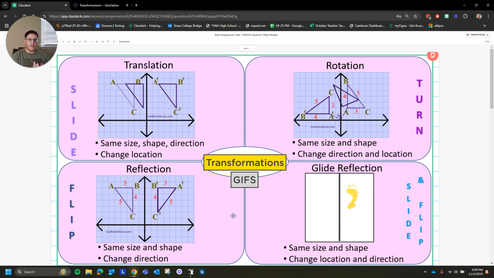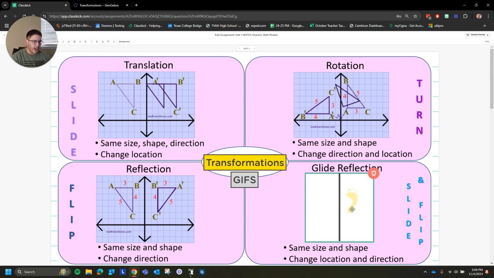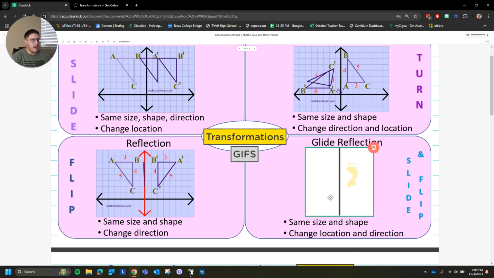So the easiest way to think about reflection is hold your hands in prayer and then fold them out. That's exactly what's happening with reflection. And then glide reflection. The easiest way I could describe it is like you're walking. You take the footprint, move it up, and then flip, up and flip, up and flip, up and flip.